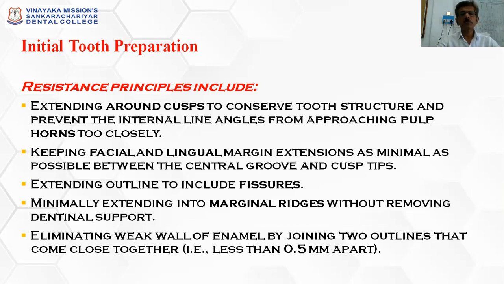extending around cusp to conserve the tooth structure and prevent the internal line angles from approaching the pulp horns too closely. Here again, especially while you're making a cavity, more so in a class 2 cavity, there's a high chance for you to get pulpal exposure while making the box part, trying to expose the mesiobuccal pulp horn in a maxillary first molar.